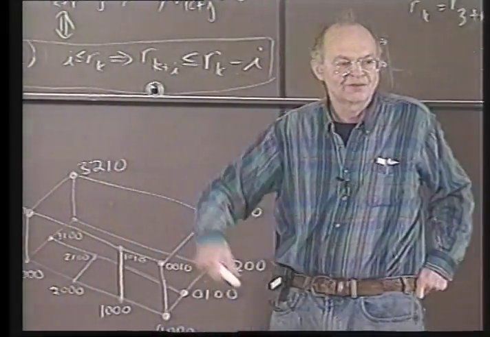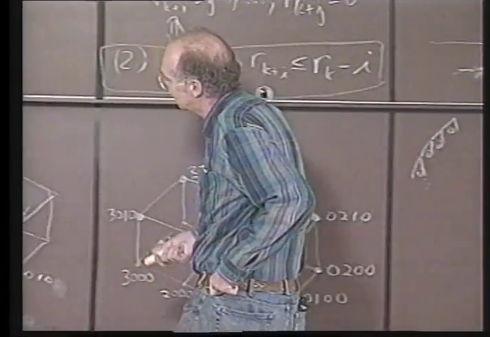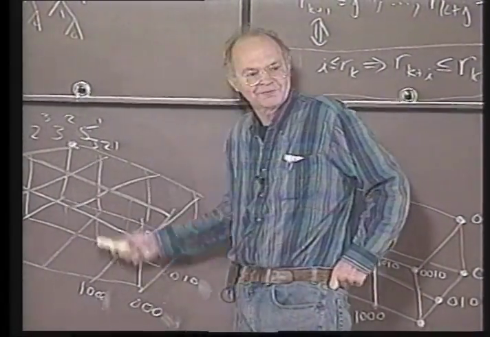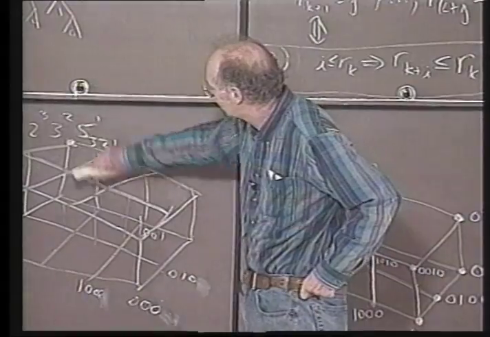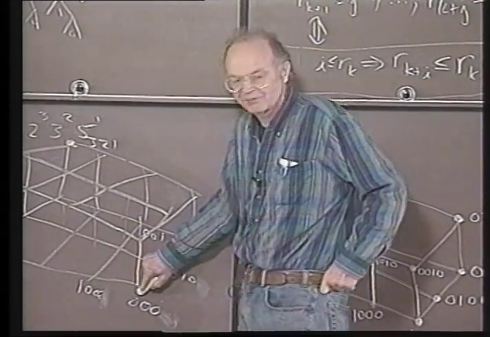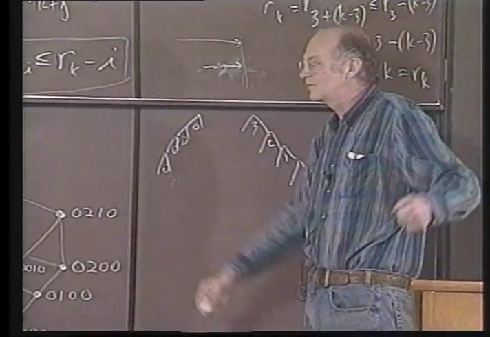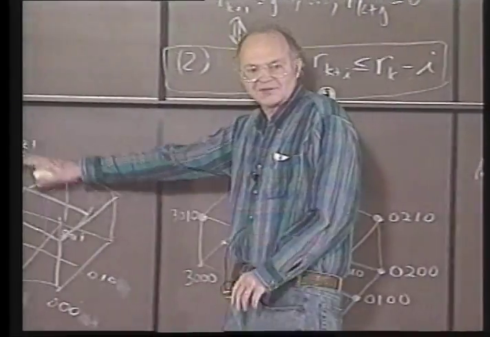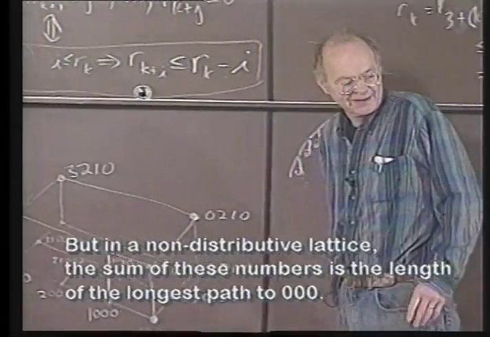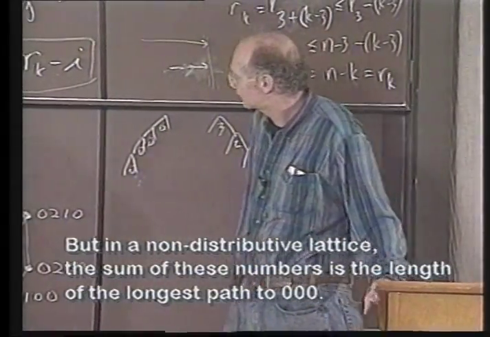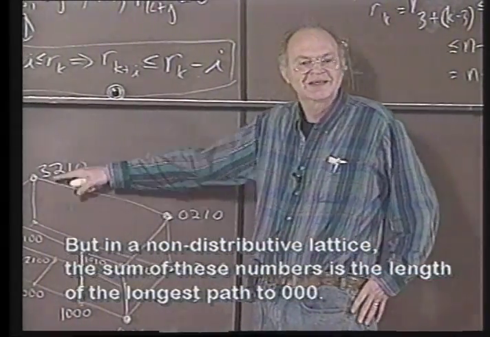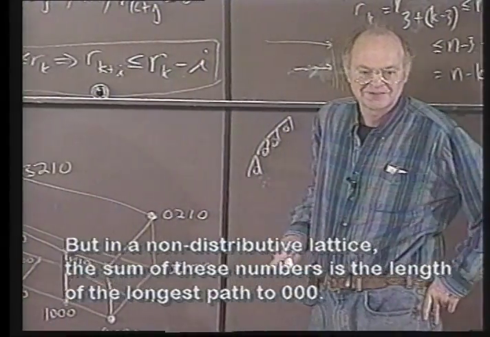Every time you take a step, you increase by 1 the sum of the components. So this 3, 2, 1 here is 6 steps away from 0, 0, 0. And whatever path you take, you always go down by exactly 1. But in a non-distributive lattice, that doesn't happen. But the sum of these numbers does have an interpretation. It's the length of the longest path to 0, 0, 0.